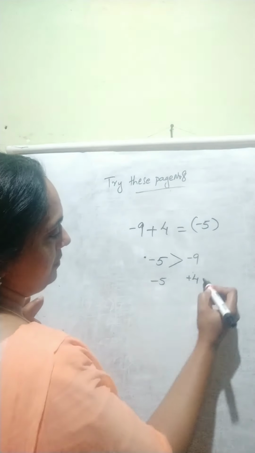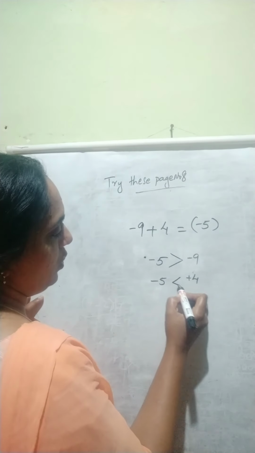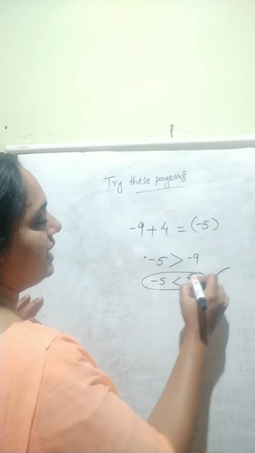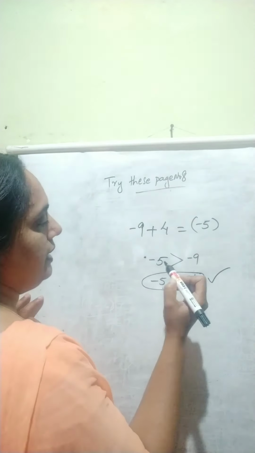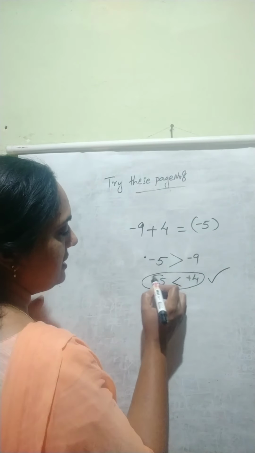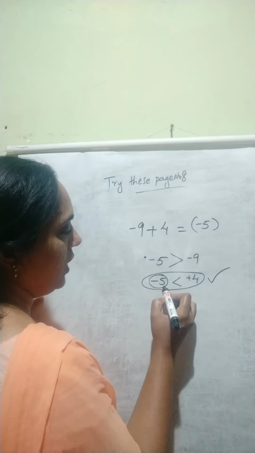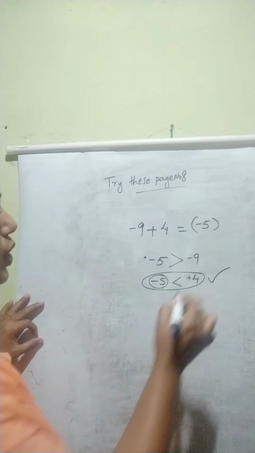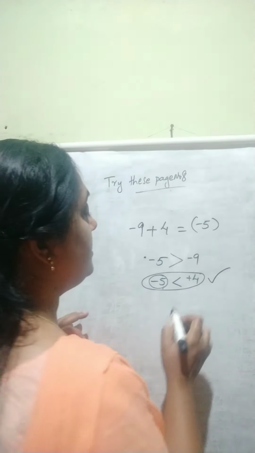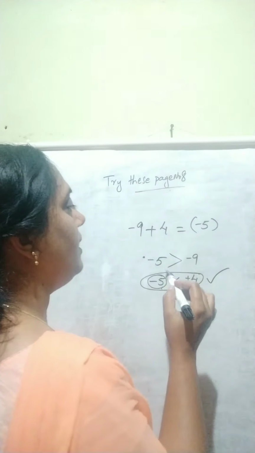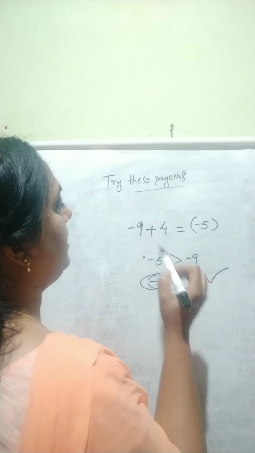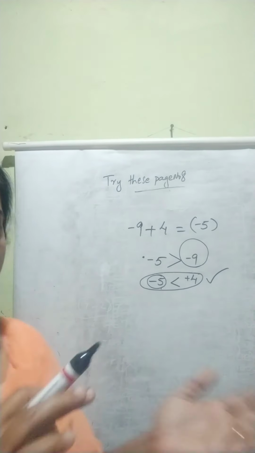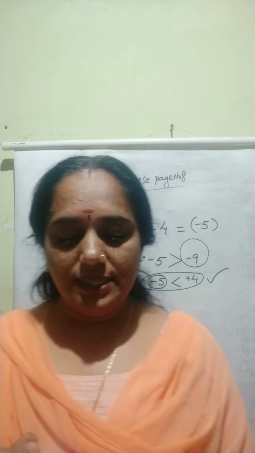But here, negative 5 is smaller than positive 4. This was the question. The answer should be smaller than one of these numbers. So automatically what happened? The answer is greater than one of these numbers. That will happen automatically.